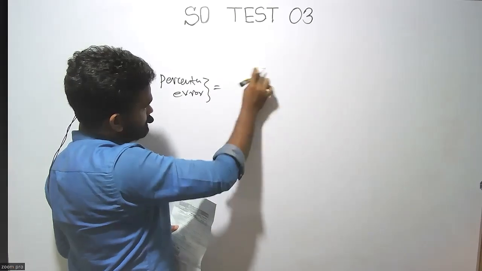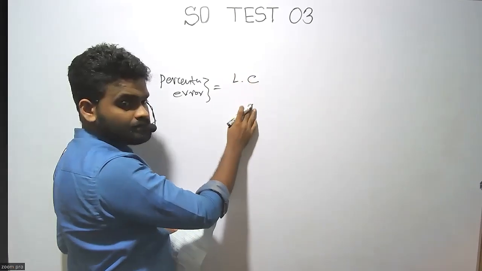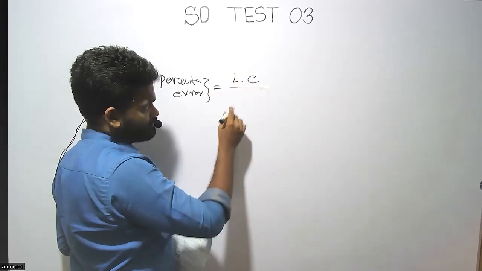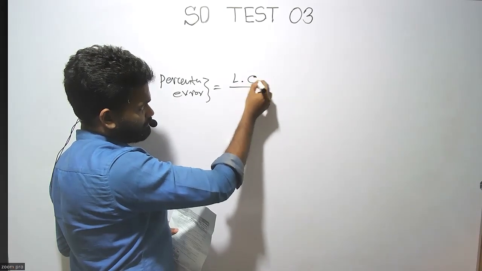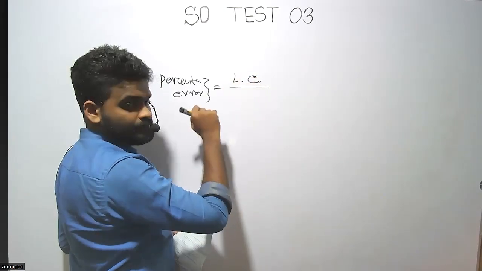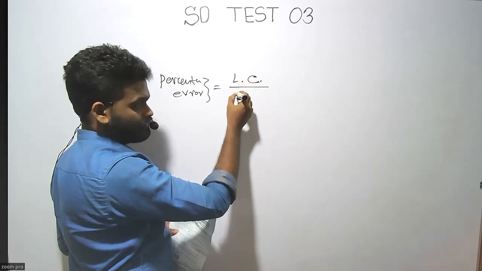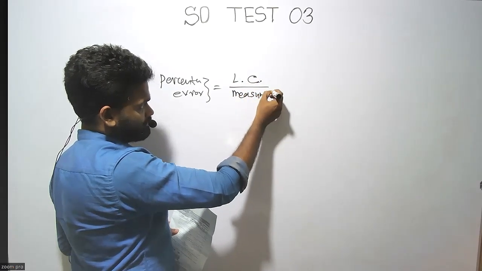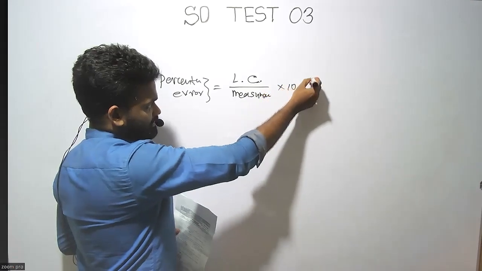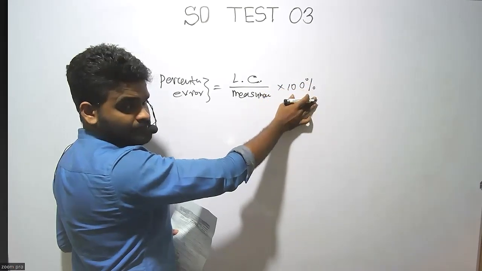What is the equation? Least count, or else we call this maximum error also, right? So it's always least count divided by the measurement taken. Since it is percentage error, you need to multiply by 100%.